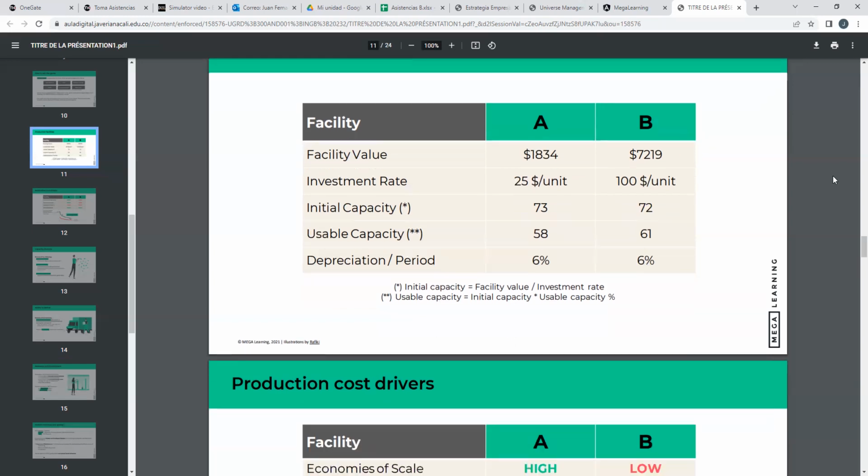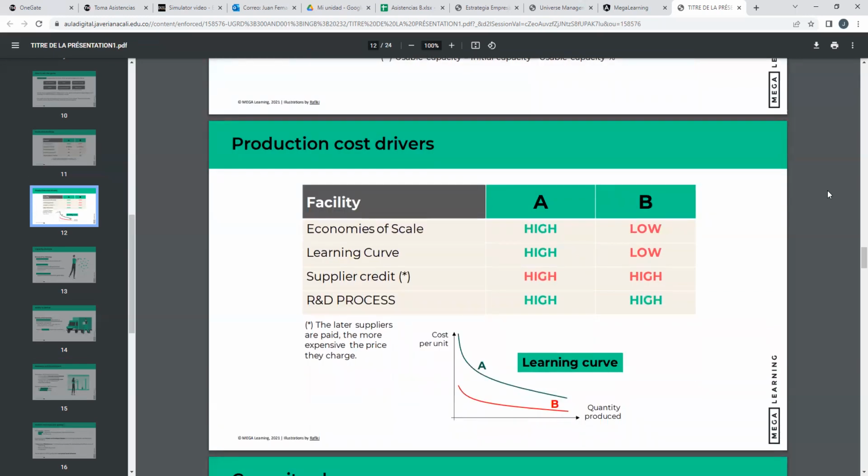The other important rule for manufacturing is that you have more opportunities to reduce the cost per unit when you are increasing the volume. This is the concept of economies of scale, but especially for product A. So in this graph, you have cost per unit here, and quantity produced here.